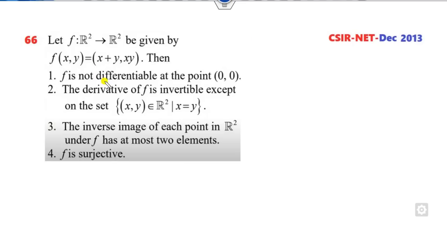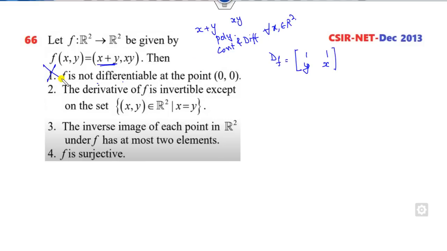Okay, again this is a similar case, differentiable, derivative, and here if I quickly find the derivative of this, F is not differentiable at the point 0, 0. How can you see that? Firstly, x plus y and xy are both polynomials, which are continuous as well as differentiable for all those (x, y) pairs in R square.